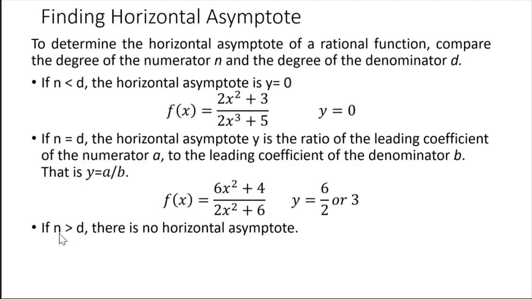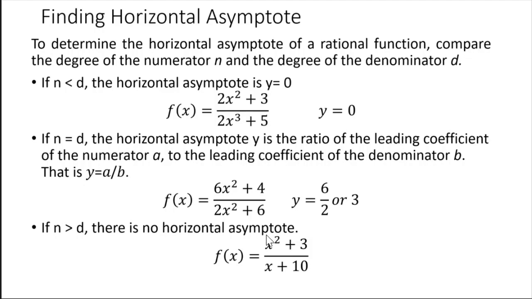Another scenario: how about if the degree of the numerator is greater than the degree of the denominator? Then there is no horizontal asymptote. Example, f of x is equal to (x squared plus 3) over (x plus 10).